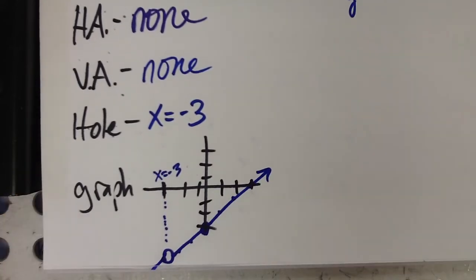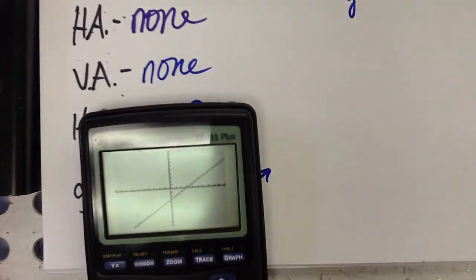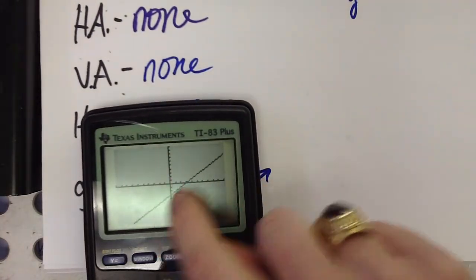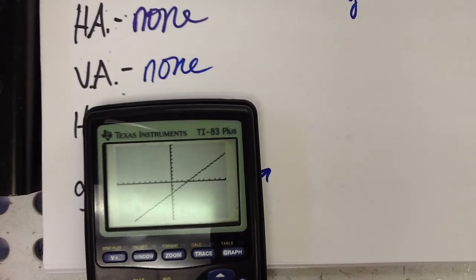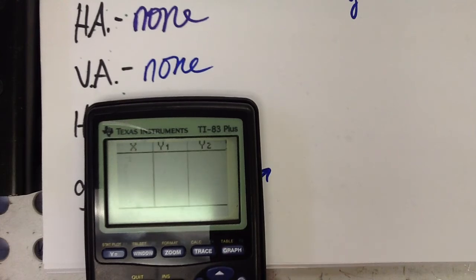Now, the unfortunate thing, I've been telling y'all, calculator is not super useful in Algebra 2, and here's another case where it fails you. You look at this graph, and it looks like a solid line. The only way really to tell is to either try to do second trace value and put in negative 3. Nothing matches up with it. Or if we do second and graph, look at our table.